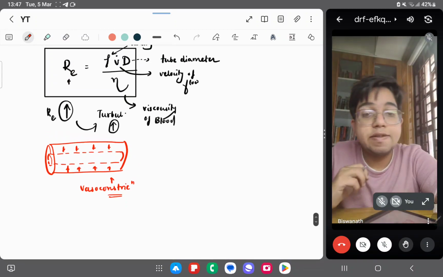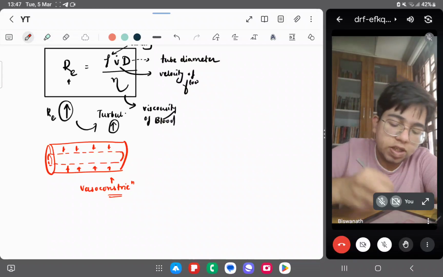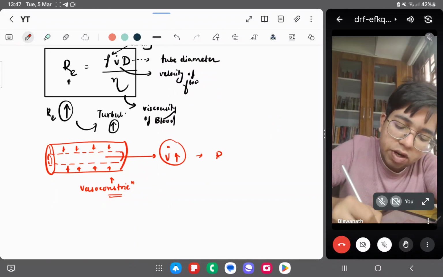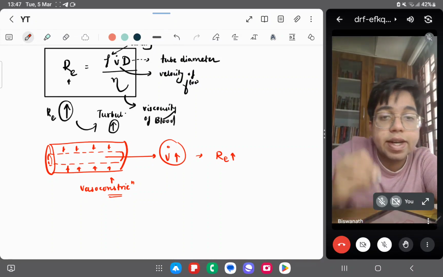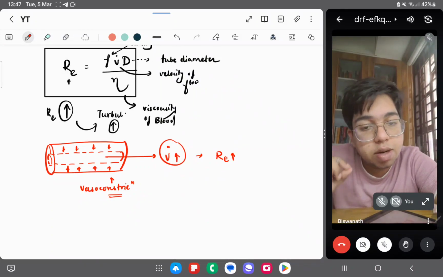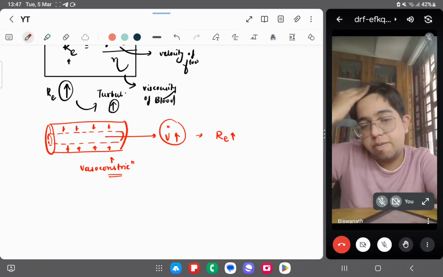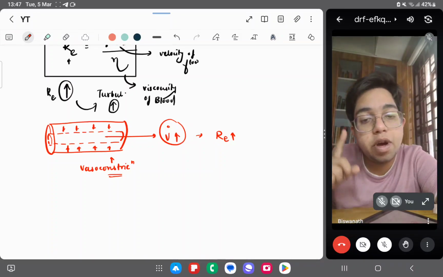So if there is vasoconstriction, then the velocity will increase. This V dot will increase, and if this V dot increases, the Reynolds number will increase. It will produce turbulence, and Reynolds number increase means there is increased probability of turbulence. So vasoconstriction will produce turbulence.